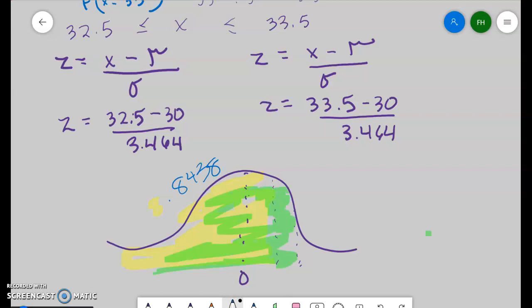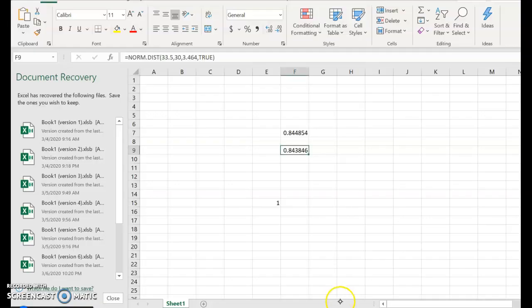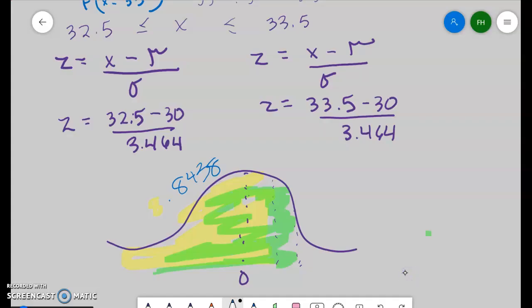And that probability was 0.8449. So 0.8449 includes everything green. But what we want is the in-between right here.